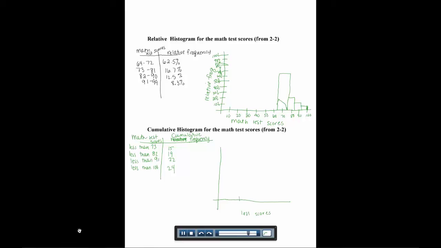So here we put something like less than 73, less than 82, less than 91, and less than 100. Okay, then again, here we'll have our cumulative frequency.